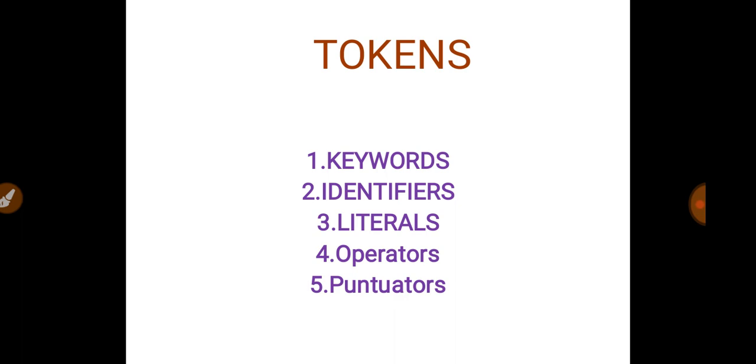So before going to start the other operators and punctuators, let's briefly revise what we have studied in two videos. We have started tokens in the revision of class 11th, and these tokens can be categorized into the 5 categories: the keywords, identifiers, literals, operators, and the punctuators.